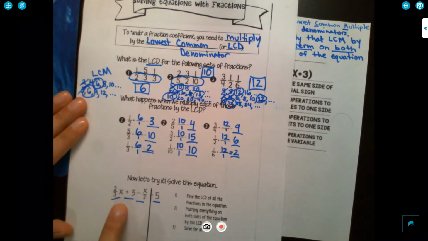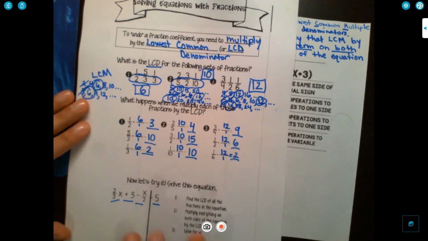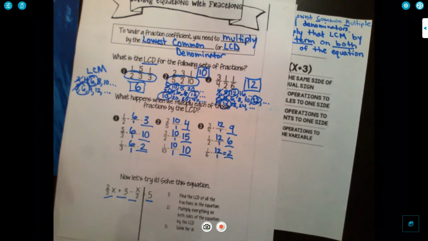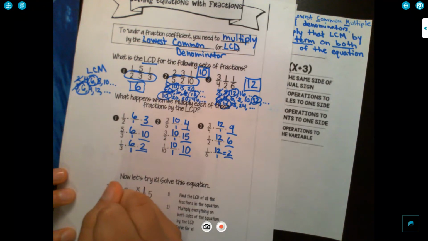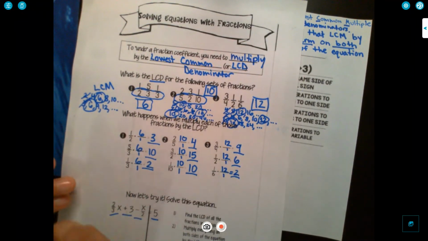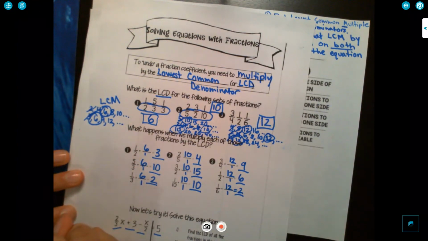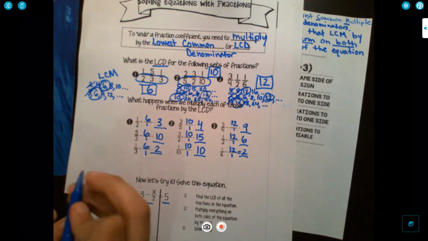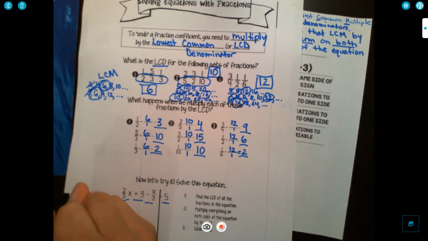All right, so we have a fraction, so now we need to find the LCD, lowest common denominator, of the fractions, which is the denominators. We're just looking at the denominators. So we have a 3 and we have a 2. I'm going to write 3 and 2 down right here. I'm going to write in multiples of each number. So for 3, count multiples of 3: we got 3, 6, 9, and so on.